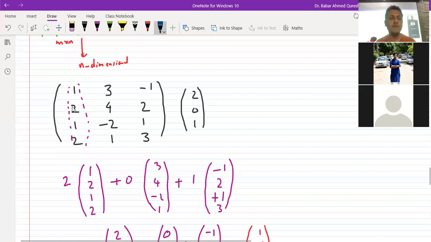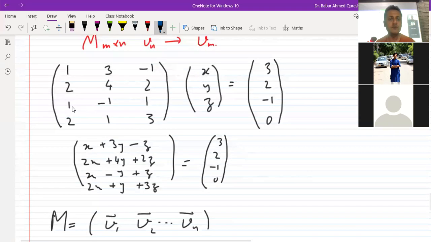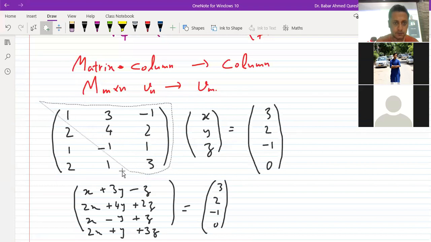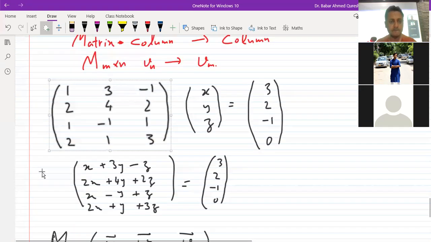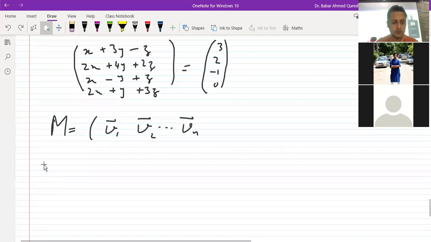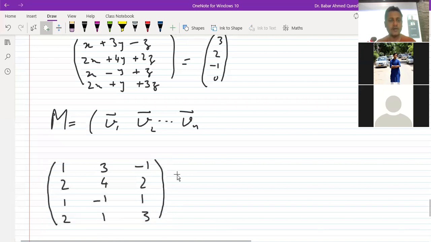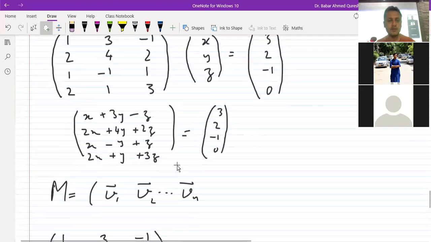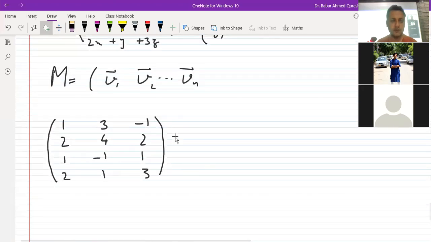Now this same example, let me copy this. So I take again the same matrix and multiply it with, can you guys stop talking?